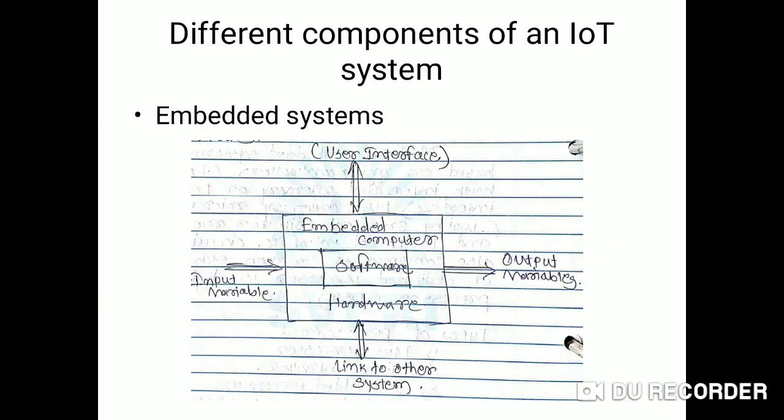Next point is the different components of an IoT. The major components of IoT devices are, first, the physical object, which means an embedded system in hardware. Next is hardware consisting of microcontroller, firmware, sensors, control unit, actuator and communication module.